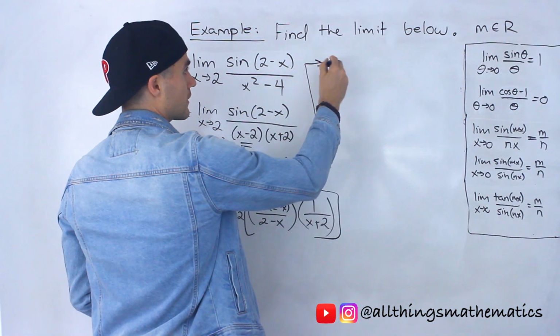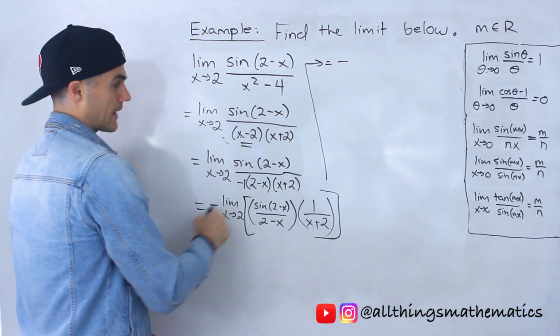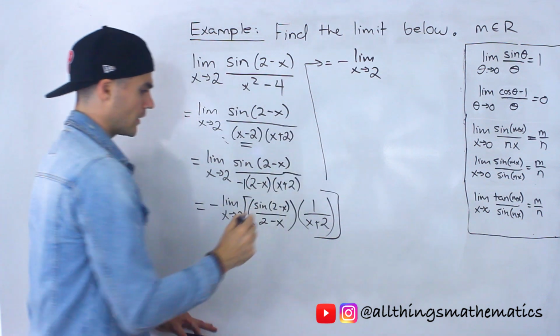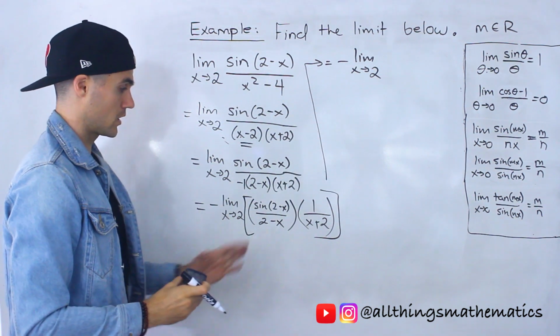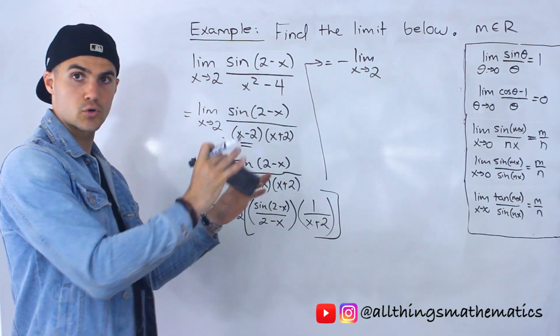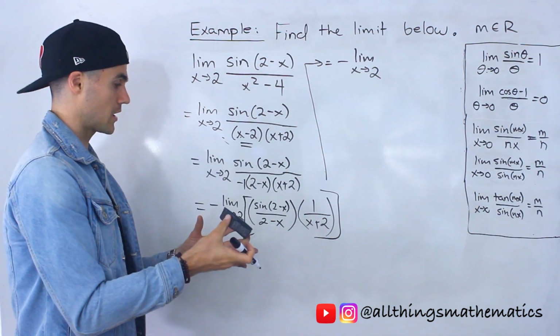Still got the negative outside, and the limit as x approaches 2. Now I'm going to use the limit law where, when we're multiplying 2 functions inside a limit, we can create 2 separate limits that multiply each other.